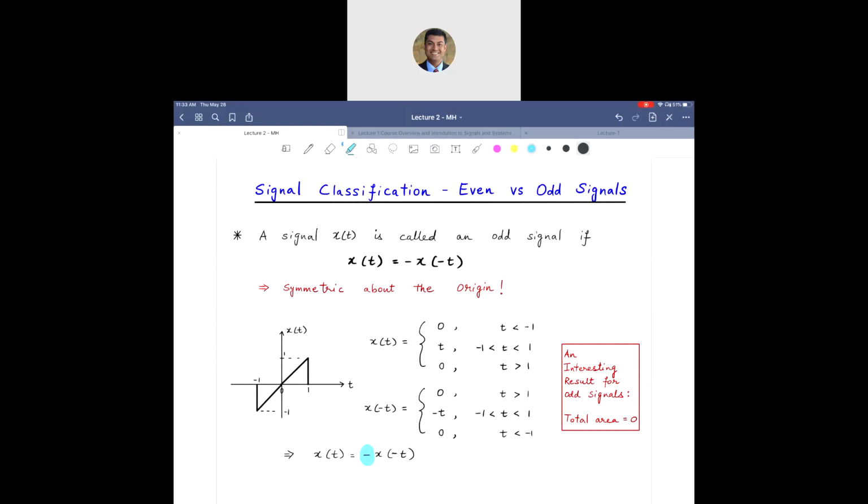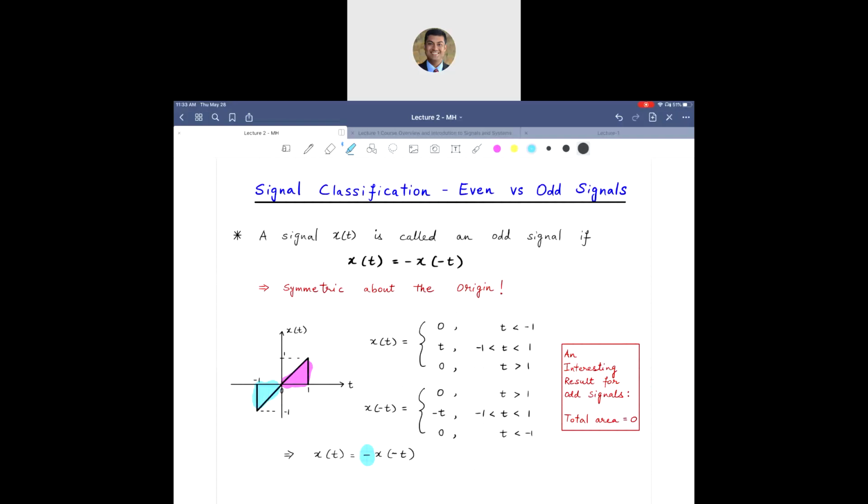An interesting result for odd signals is that the area under the curve will be 0. So whatever you accumulate on the positive side over here will be lost or subtracted by the area accumulated over here, or vice versa, because it's symmetric about the origin.